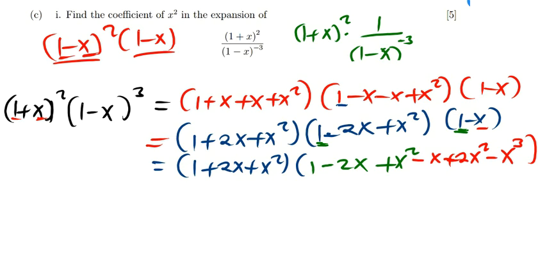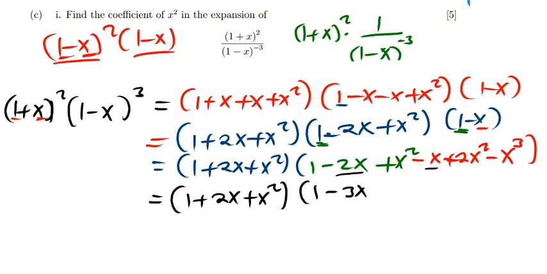Now we can simplify this, I'll just copy this part here the way it is: 2x plus x squared. Now here 1 is alone, I'll not add it to anything, but I can clearly see that negative 2x and negative x can be added, and I'll end up having negative 3x.